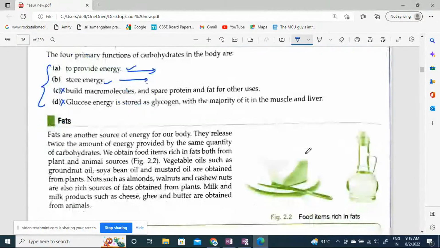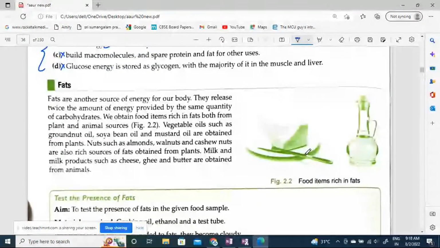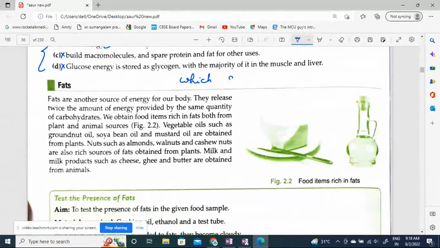Now next one. Listen, fat and carbohydrate both provide energy. But which gives more energy? Can you tell me? Fat. Yeah. Fat provides more energy.